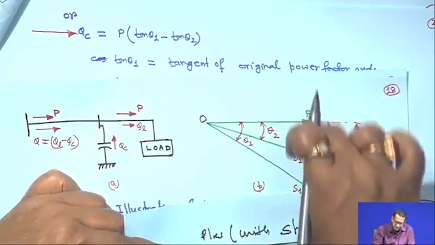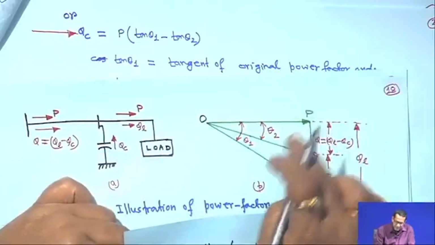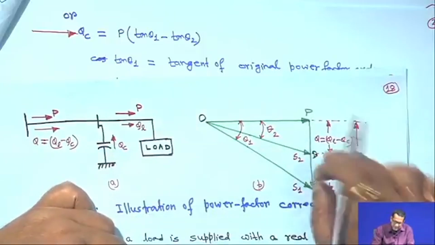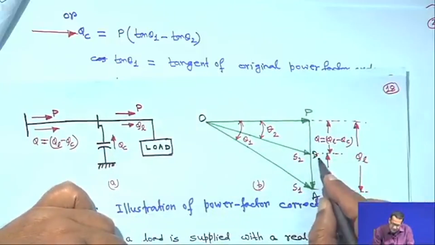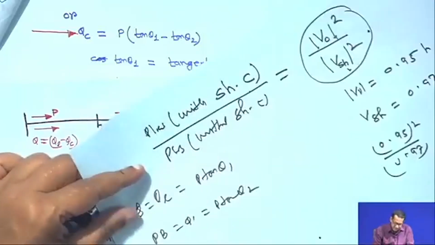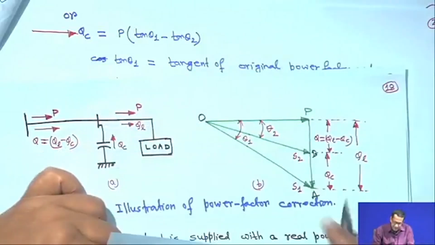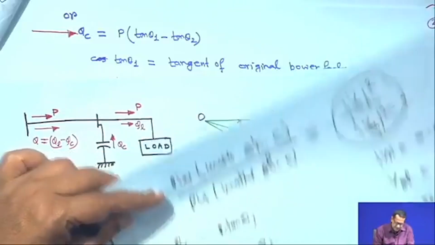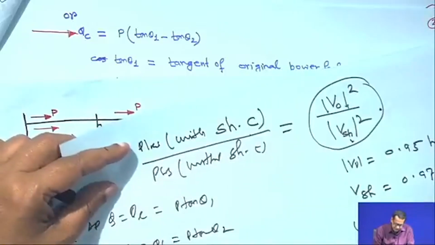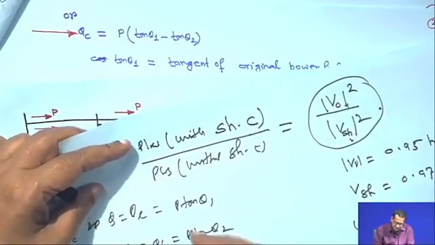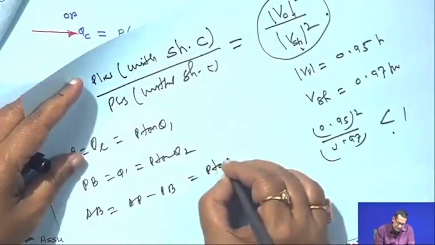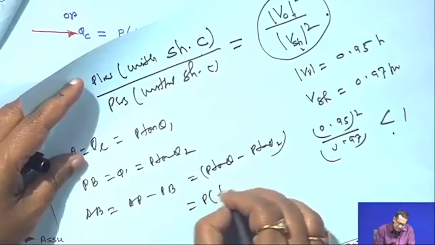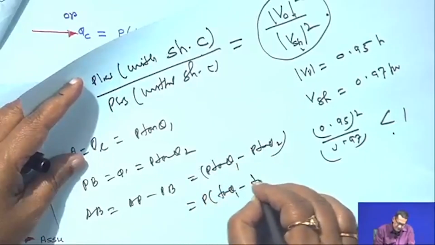That means this PB, Q dash, is equal to P tan theta 2, but this is actually QC, from here to here, that AB is actually equal to QC in this diagram. Therefore, AB is equal to AP minus PB. So, AP is P tan theta 1 minus P tan theta 2, which is P times tan theta 1 minus tan theta 2.